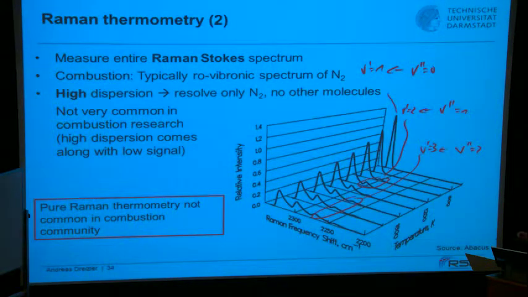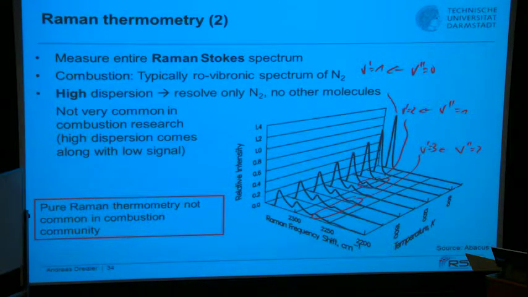Okay, but as I said, the other way is that you try to probe the rotational substructures lying below that, and that needs a high dispersion, which is here by far too low to see that, and that's why pure Raman thermometry using the rotation substates is not very often used.